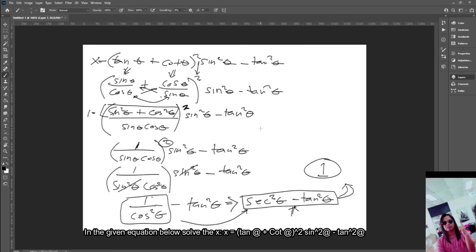The identity is secant theta plus 1 equals tangent theta squared.